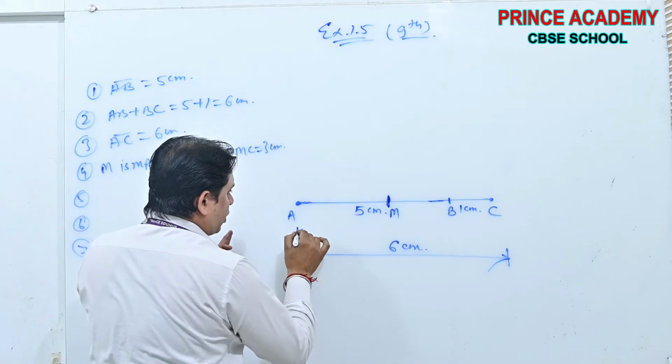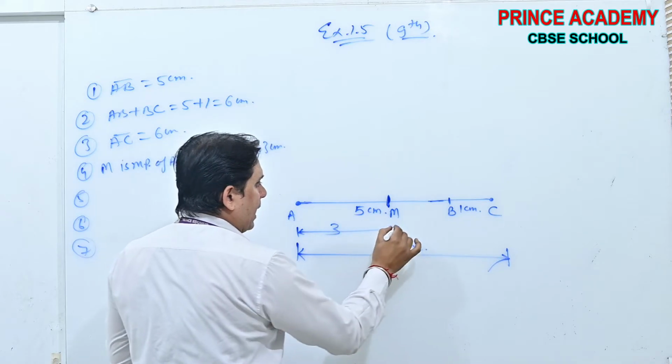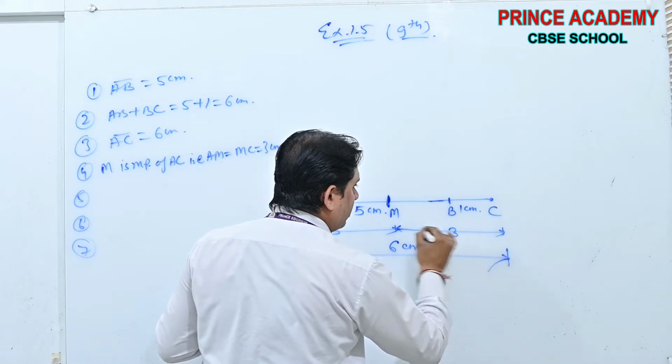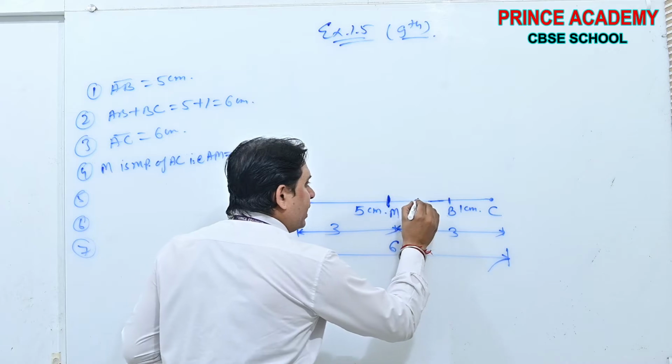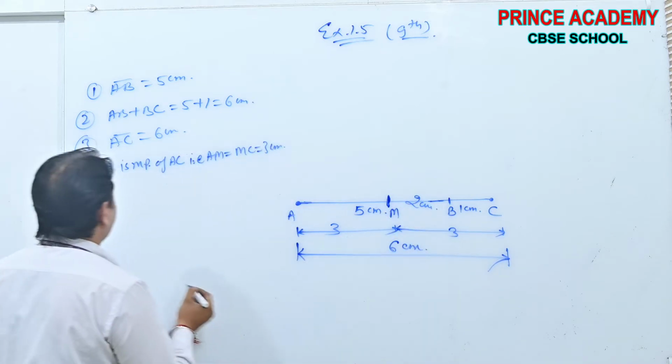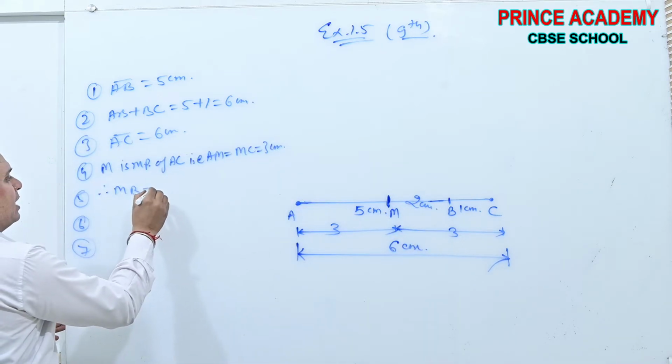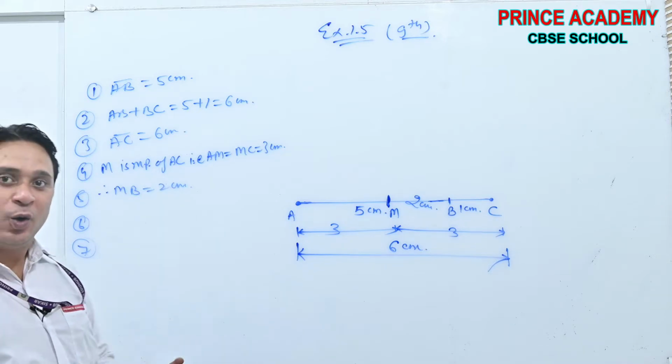AM will be 3, yes or no? And MC will be 3. And MB will be 2 centimeters. Yes or no, beta?